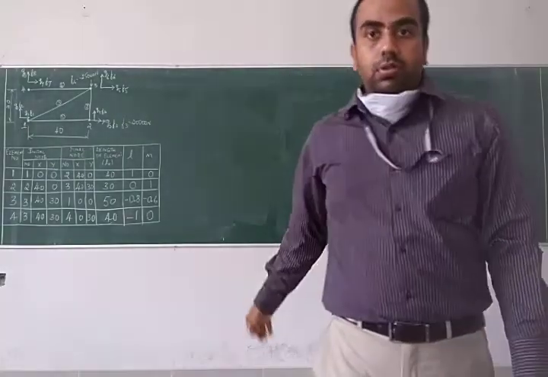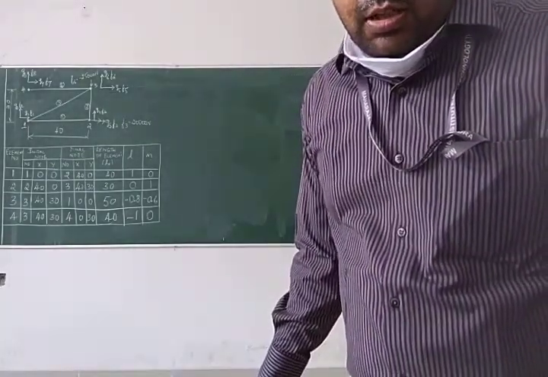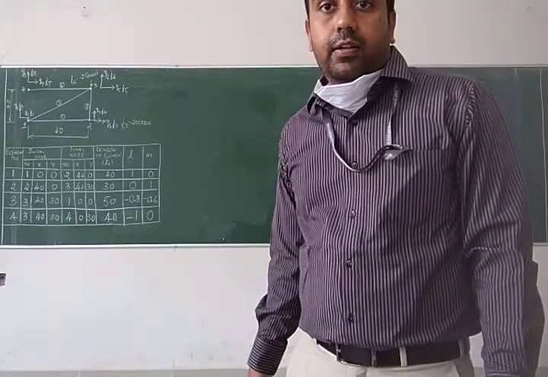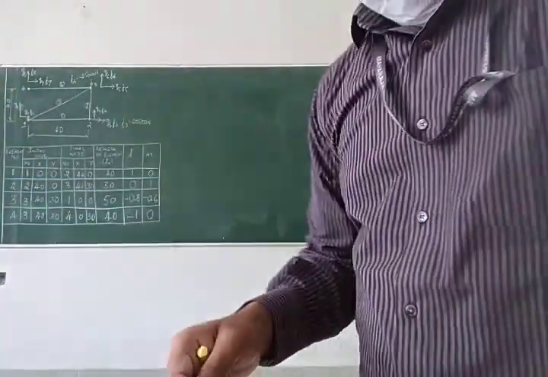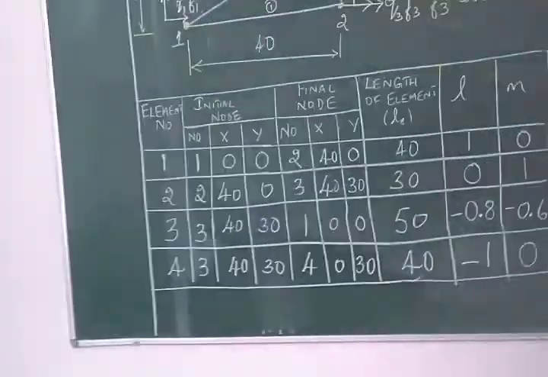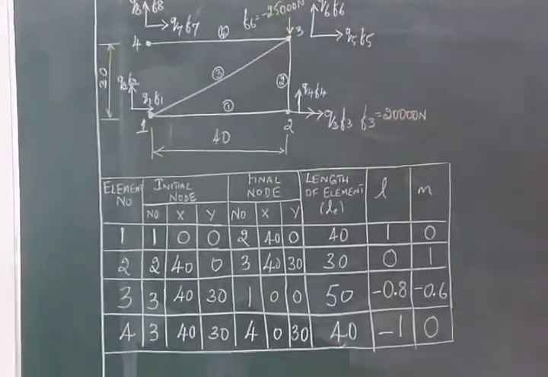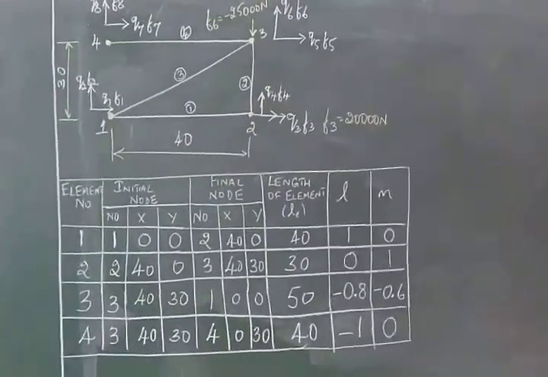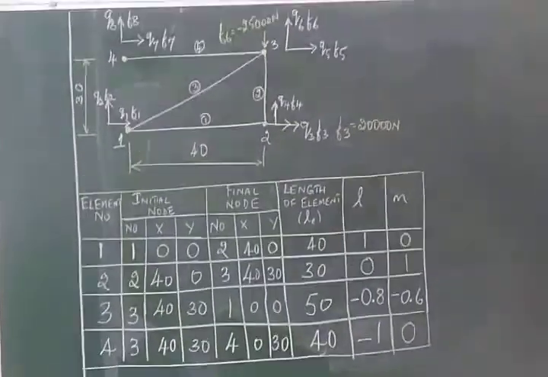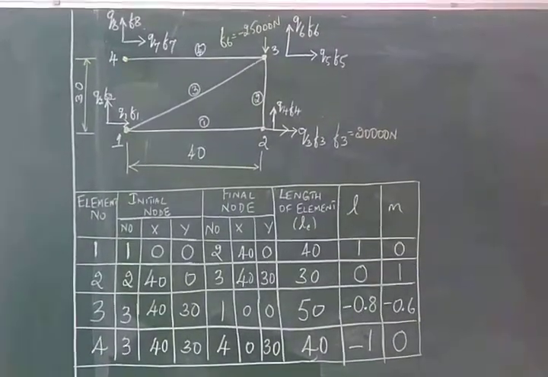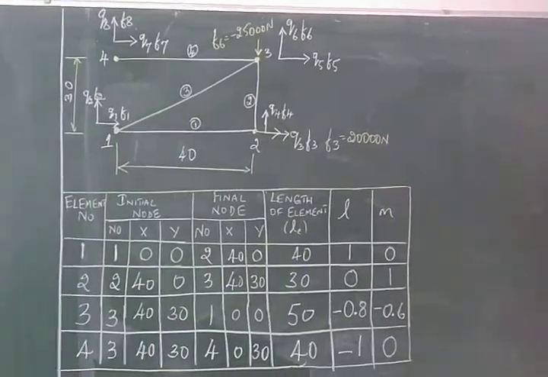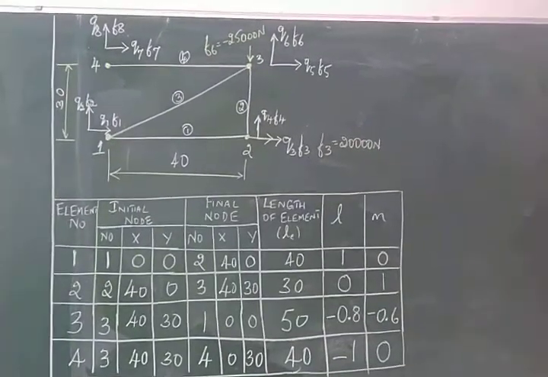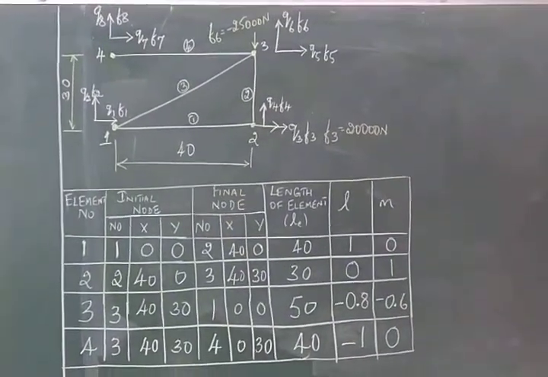I hope the values are visible along with all the notations of the finite element model, or I'll take the camera and provide you a visual from the close range, so that if you have any clarifications in writing the table or the diagram, please make sure you do it properly, so that in future we will be referring to this table as well as the diagram. You need to refer to it from the notes that you are taking right now. Okay.